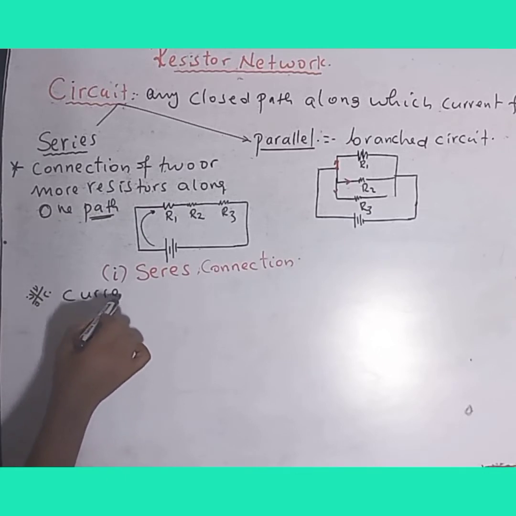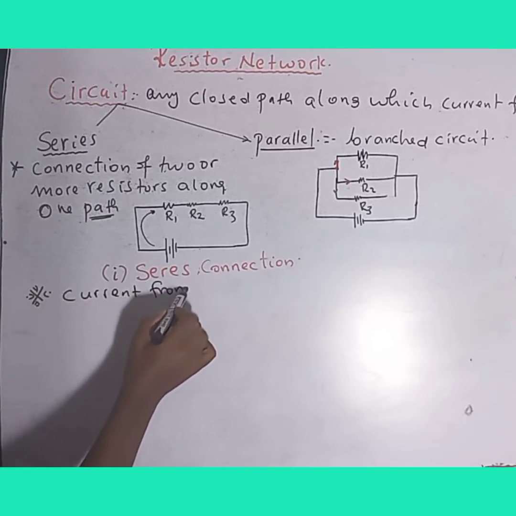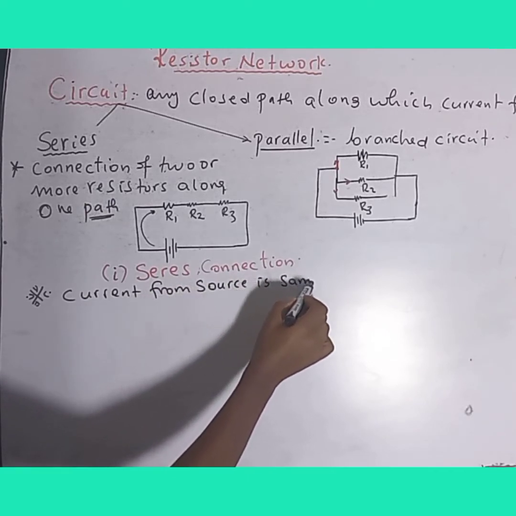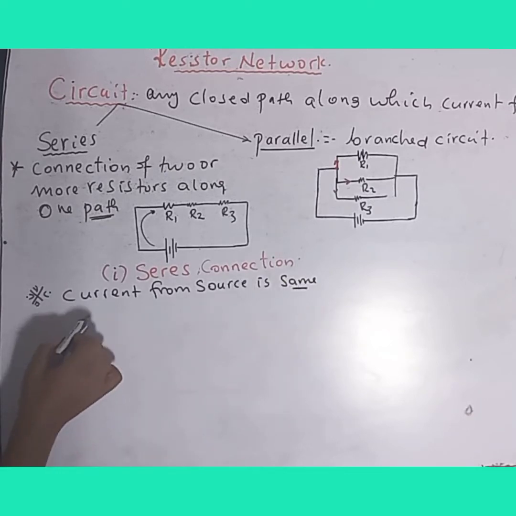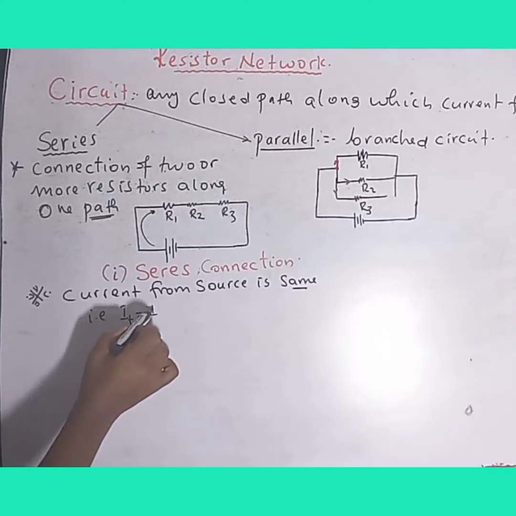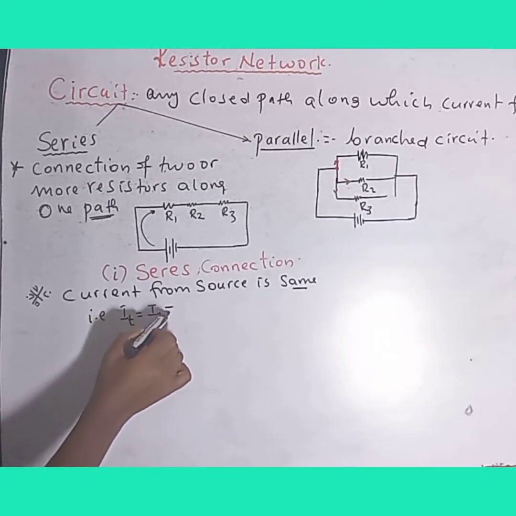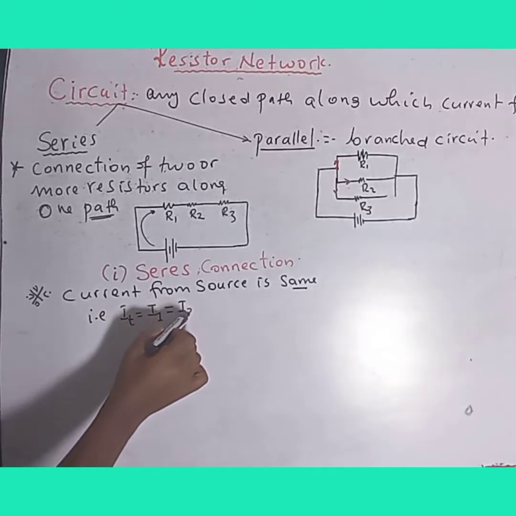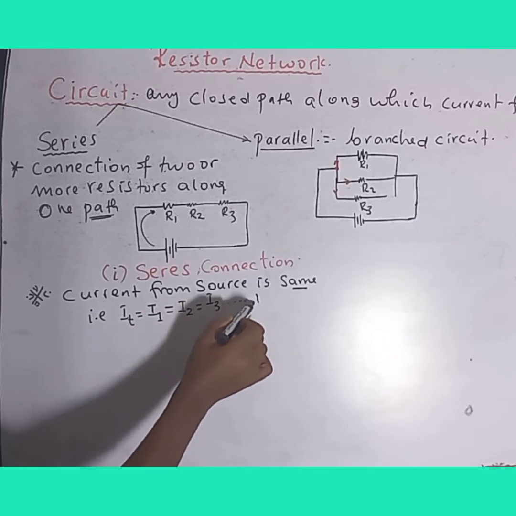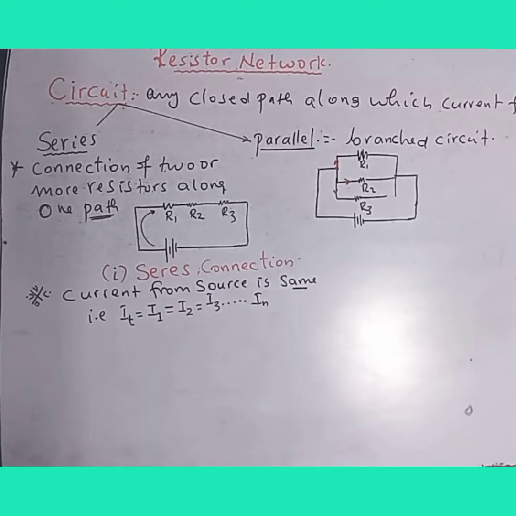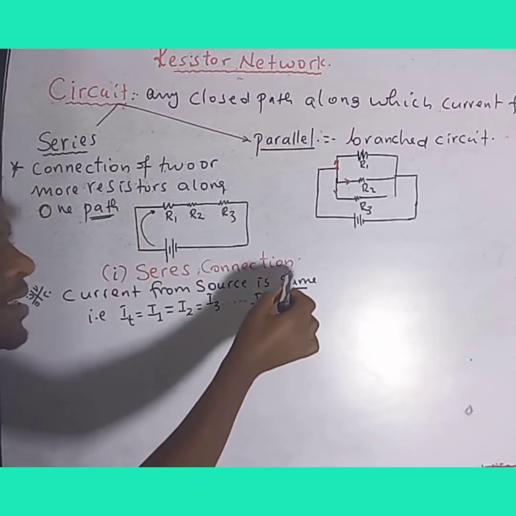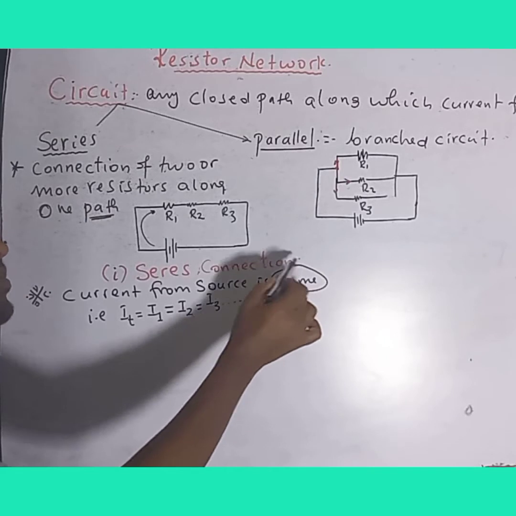Current from the source is the same, which means I total equals current across resistor 1 equals current across resistor 2 equals current across resistor 3. If we have n number of resistors, the current across each resistor is the same.